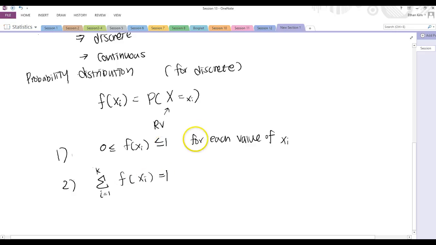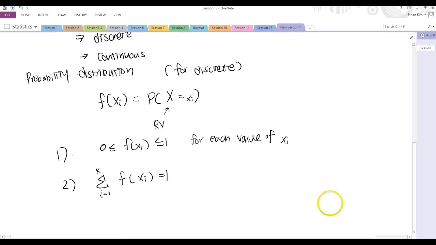So if you're adding all the numbers, it would be 1. These are the basic properties that we are already aware of.